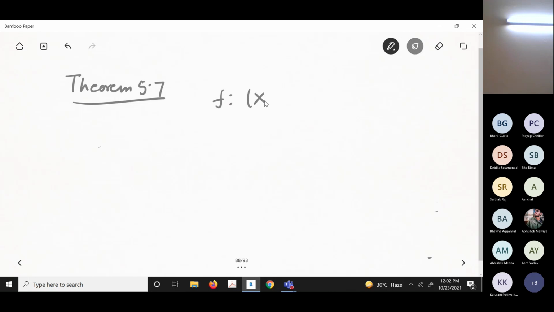So suppose you have this, (X, tau) to the reals, a real valued function on a topological space, continuous. Okay, and suppose A is compact.